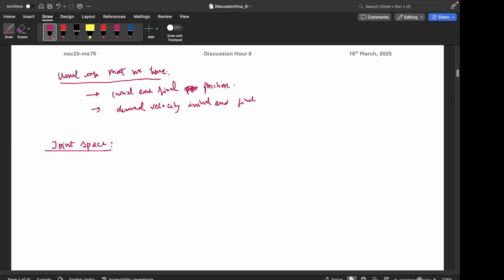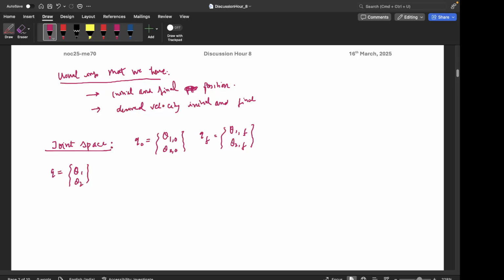They are much simpler. So let's say we have a 2R manipulator, so we have theta 1 and theta 2. Let's say we have the initial position as theta 1 0 and theta 2 0, and the final position as QF, that is theta 1 F and theta 2 F.